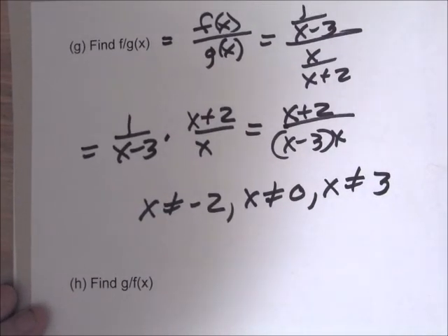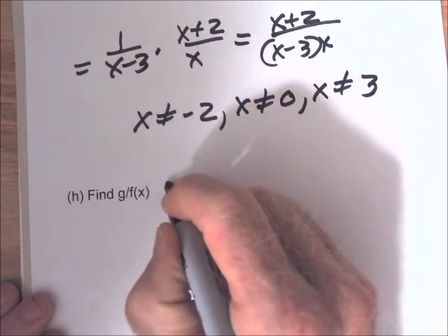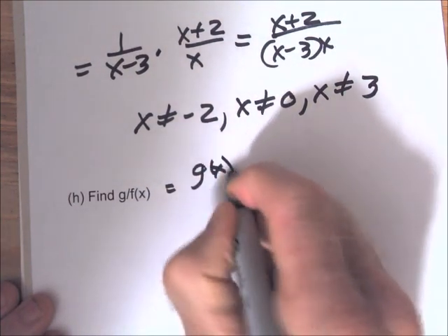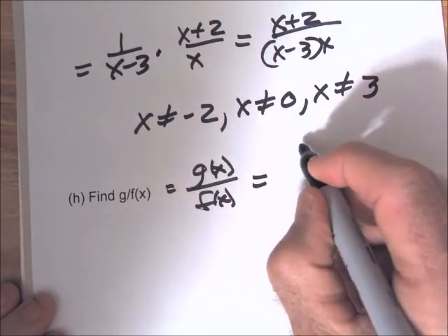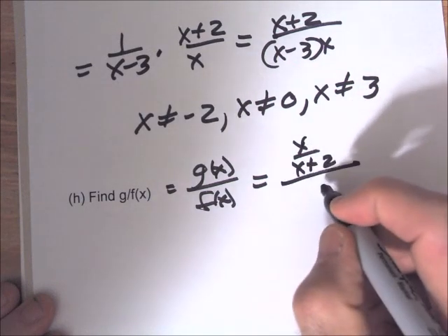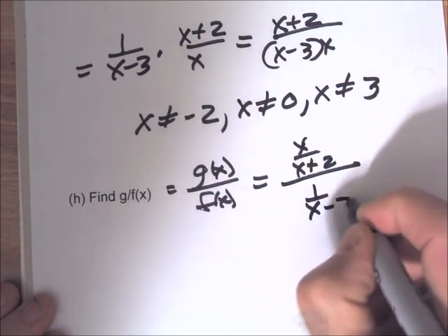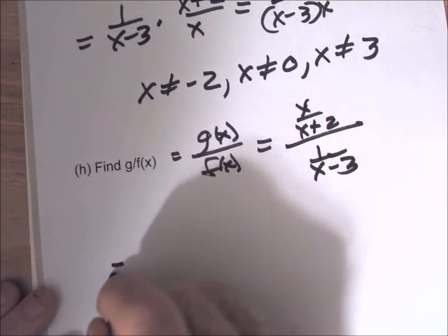Okay. g divided by f. So this is going to be g of x divided by f of x. So g of x is x over x plus 2 divided by 1 over x minus 3. Again, the way to divide by a fraction, you flip it and change it to multiplication.